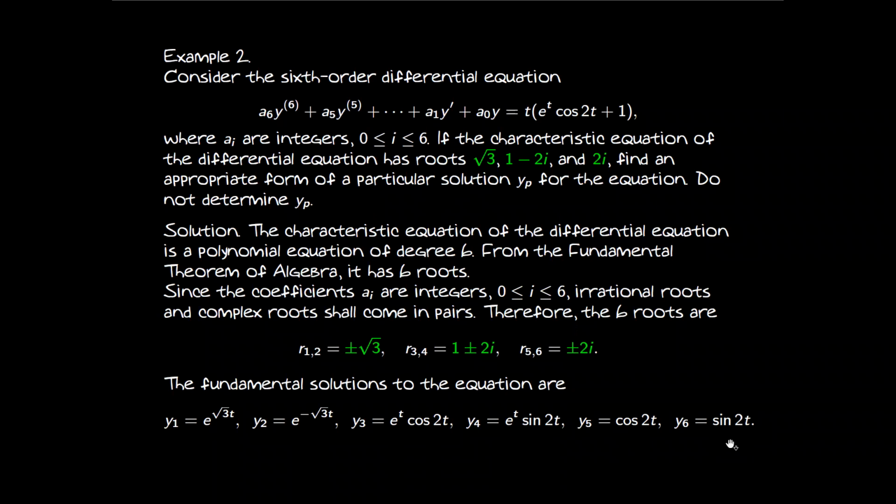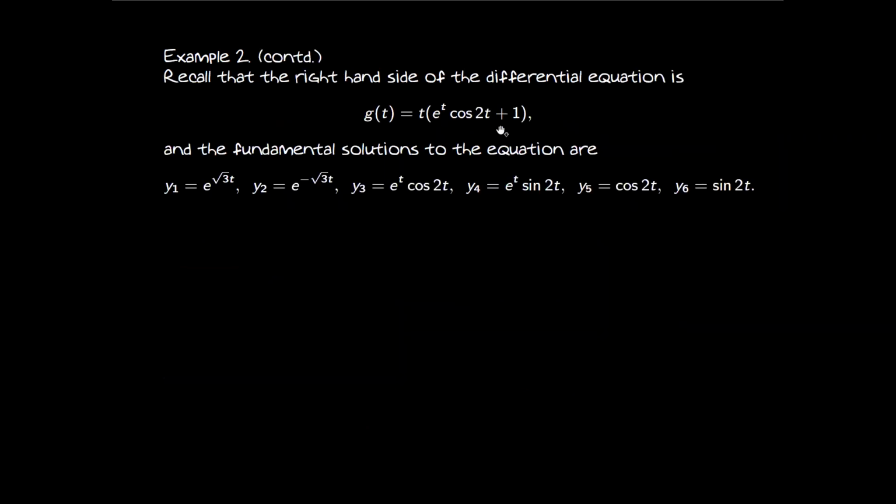Okay, so now we just need to use the right-hand side and the fundamental solutions to determine the appropriate form for the particular solution. So here, we just copy the right-hand side and the fundamental solutions. And now you check, you will say the e to the t cosine 2t is contained in the fundamental solutions.